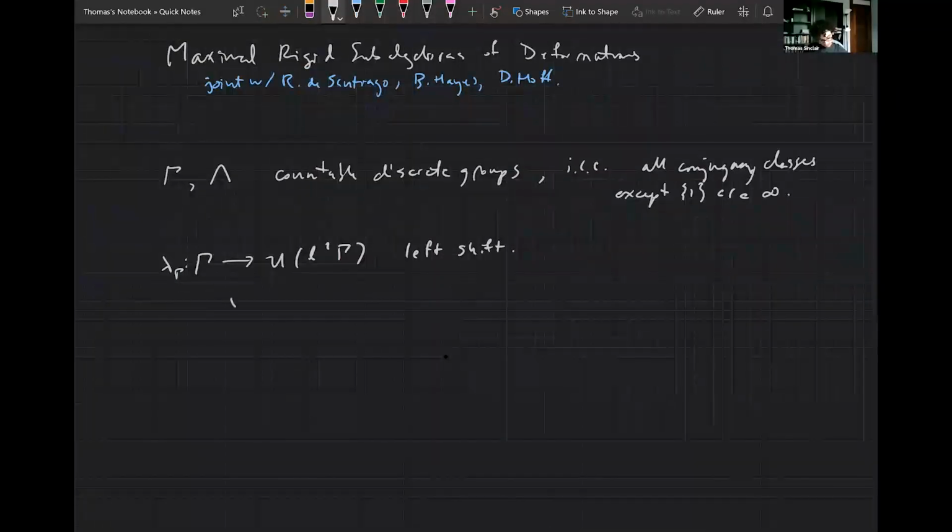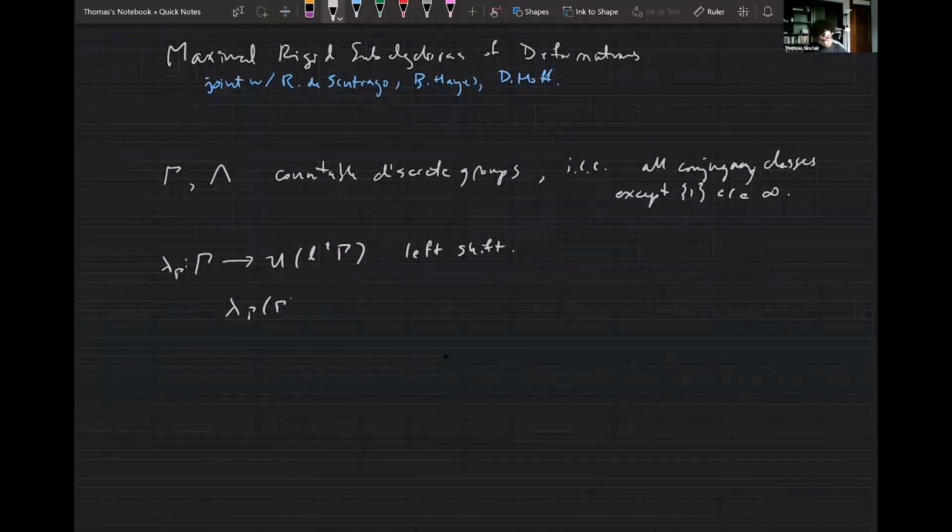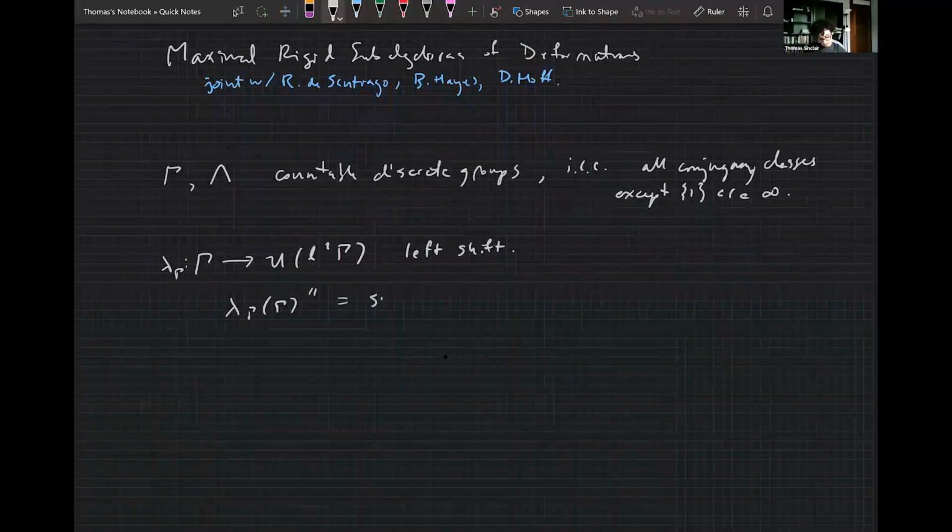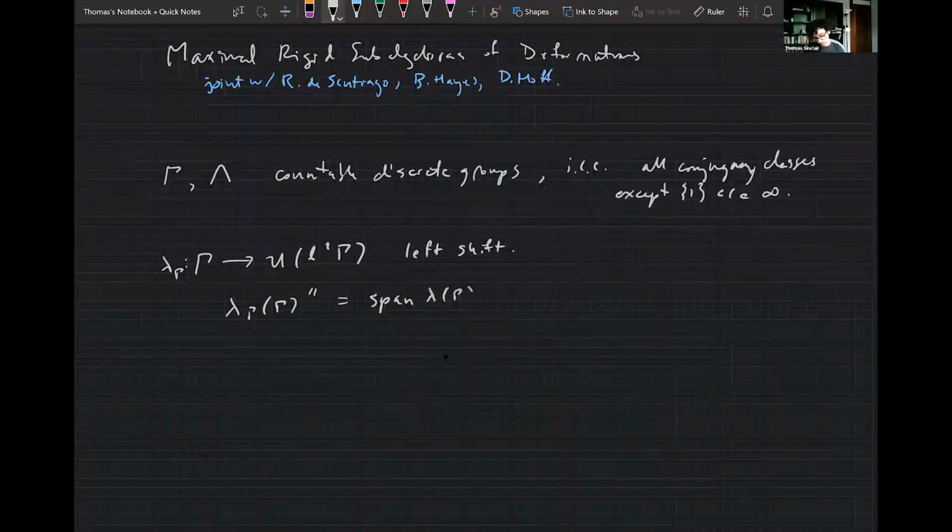You can take those unitaries and close them up in the weak topology, or take the double commutant. If I want to close in the weak topology, I should take the span. That defines the group von Neumann algebra, and that's a II_1 factor.